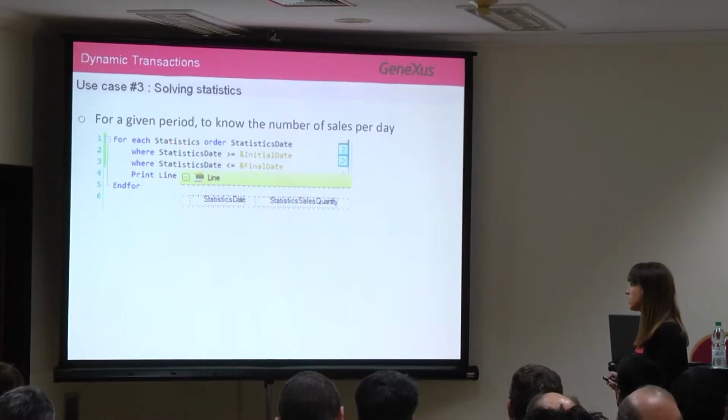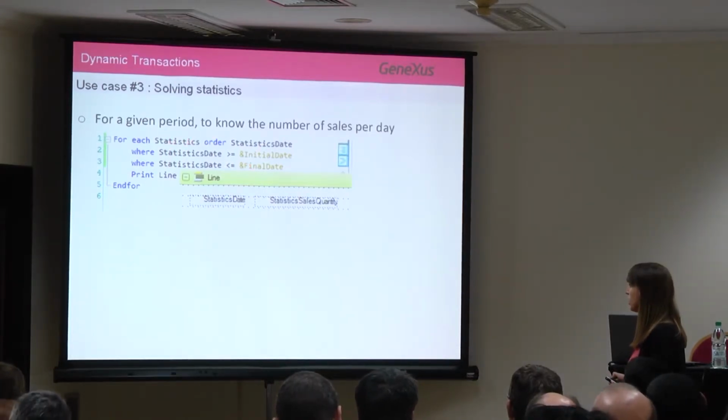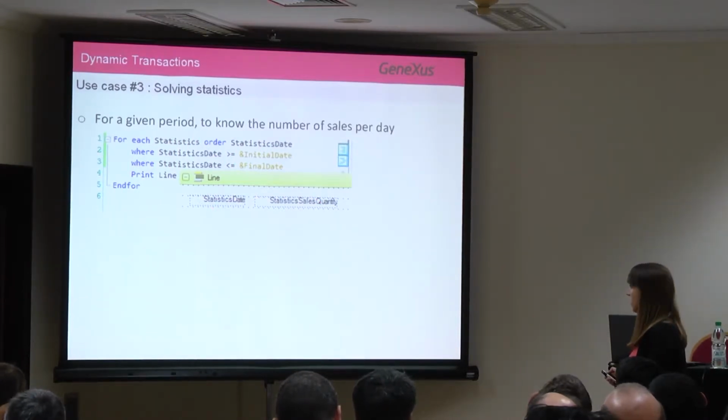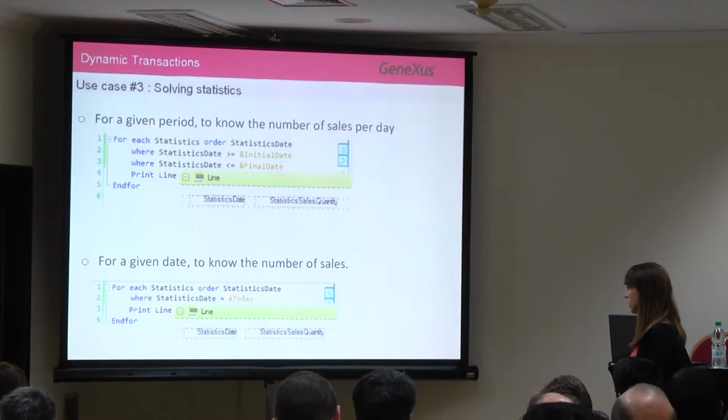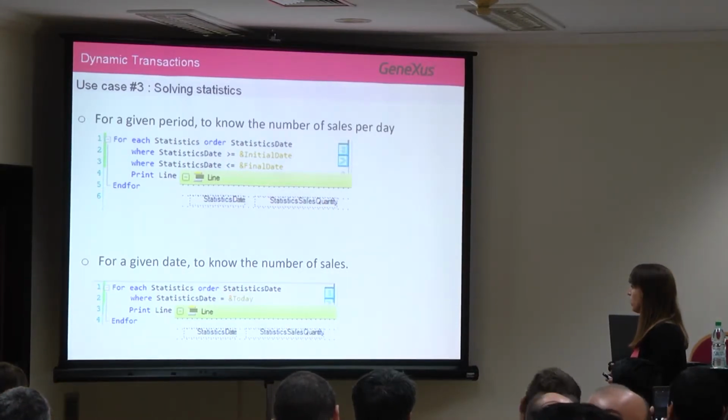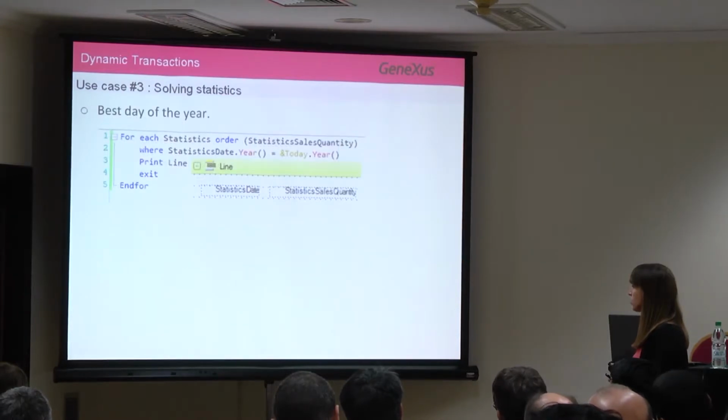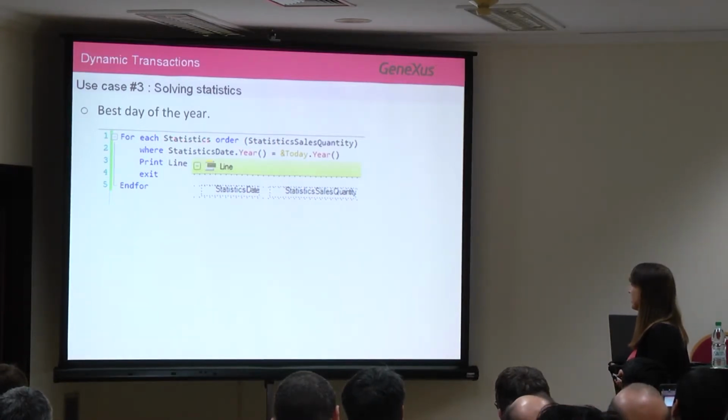For instance, for each statistics, putting in the base transaction, filtering by range and date, and just showing the date and quantity. The same thing for today, for instance. And then when I was asked what the best day of the year was, I'm also doing a for each base transaction statistics.